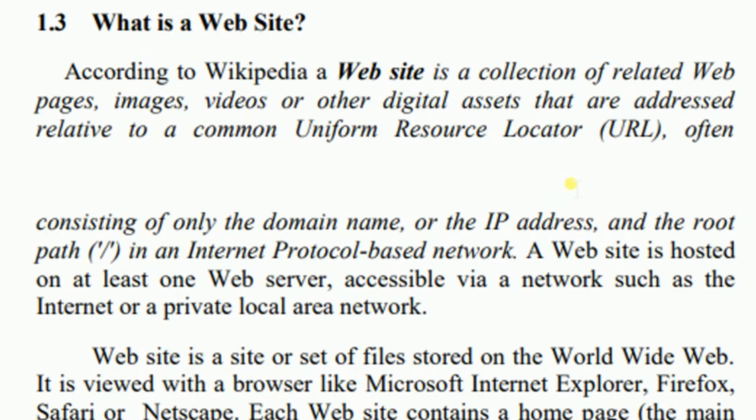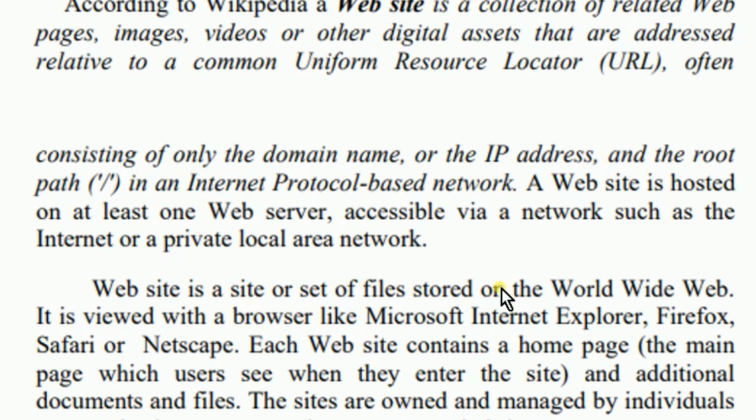A website is a collection of many pages, images, videos, or digital assets addressed with one common name that we call a URL. Often it consists only of the domain name or the IP address and the root path in an internet protocol based network. A website is hosted on at least one web server.